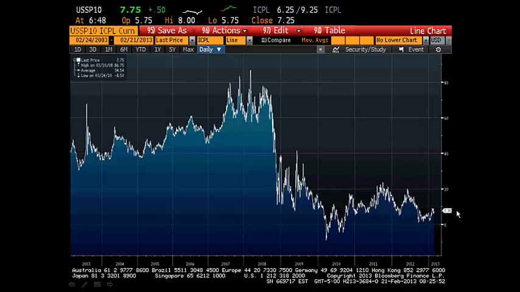So we see on this chart that the spread blew out during the banking crisis in 2007-2008, and again during the Eurozone crisis of 2011 and 12, on concerns about bank defaults. However, the overall trend over the last decade has been for the spread to narrow, as collateralization and other credit risk mitigation techniques have become more widely adopted.